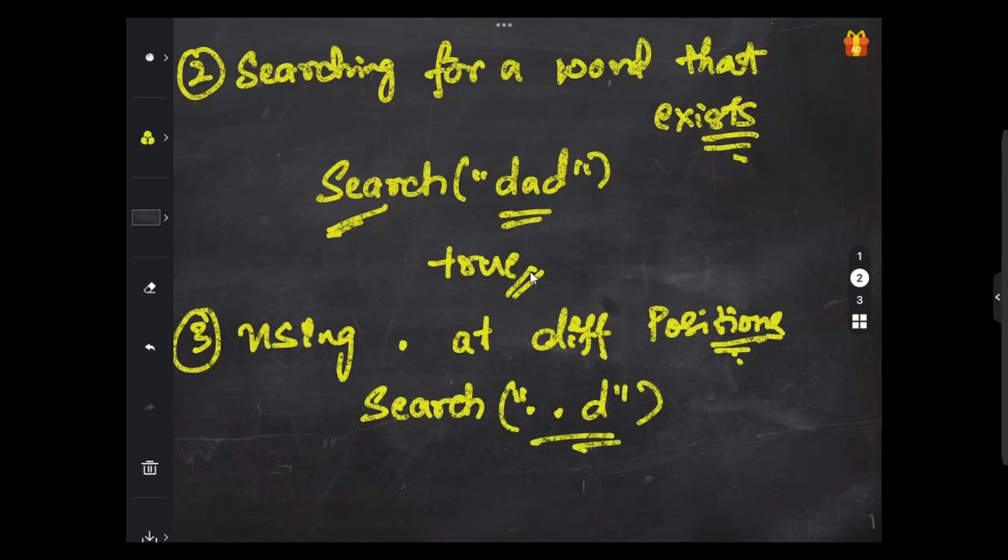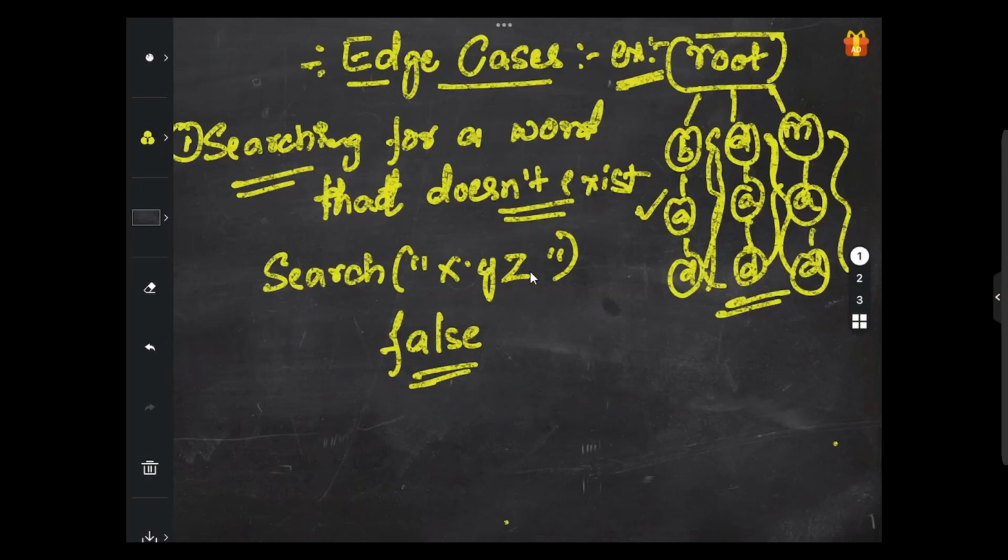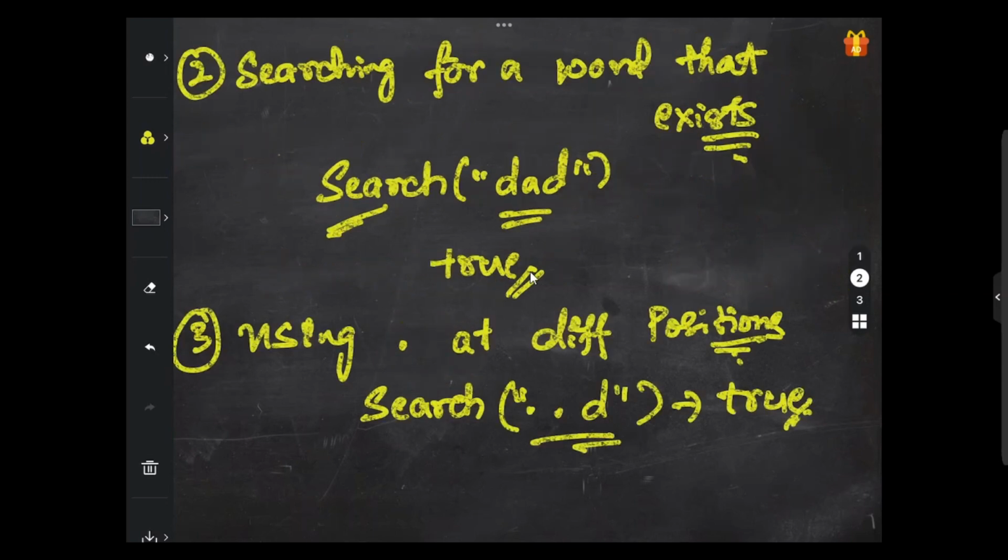If I consider this one, double dot d, then the output will be true. We know this one. Why? We are considering this example. Double dot d means we should have two letters before d. We can consider either ba or da or ma in this one. So d is the last letter. So this one will be true.